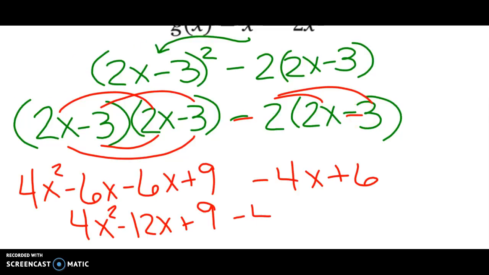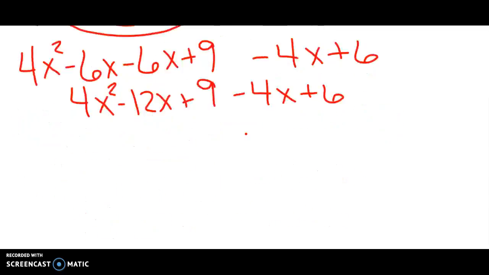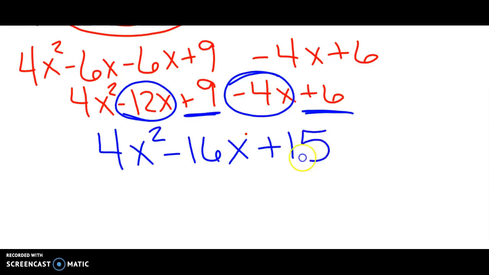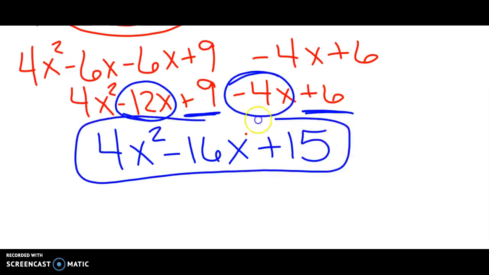So we've got minus 4x plus 6 down here. Now we have to combine the rest of our like terms. So we've got 4x squared, our only squared term. Negative 12x minus 4x is negative 16x. And then 9 plus 6 is positive 15. And that would be the answer for that.